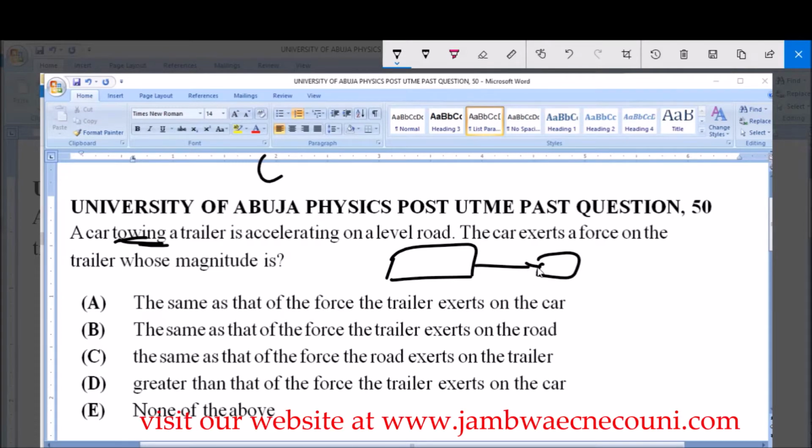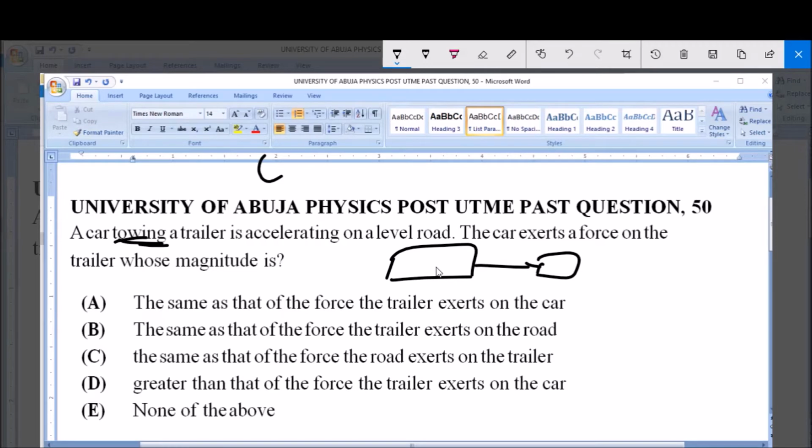Now it is attached with a rope. If the trailer is moving, the car moves alongside based on the velocity or based on the force of pull from the trailer. You know, force itself is an act of pull or push. In this case it is a force of pull by the trailer.